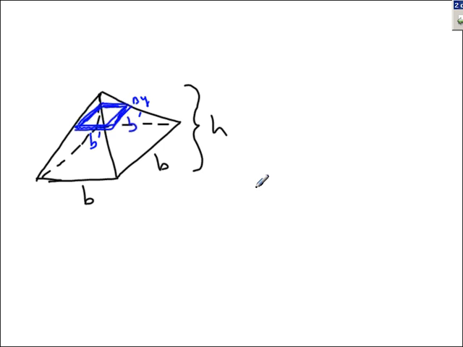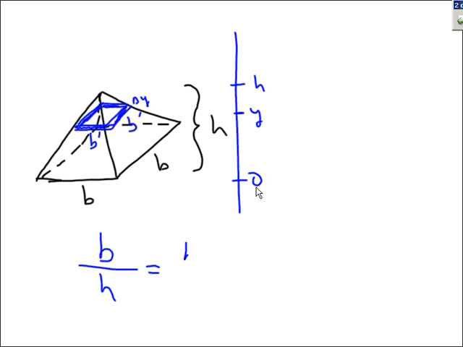So, imagine there's the y-axis somewhere. Here is 0, the very top is h, and for some y value, this blue slice is at a height of y. So what we have is a proportion. b, the very bottom base, to the whole height is equal to b prime to the new height.